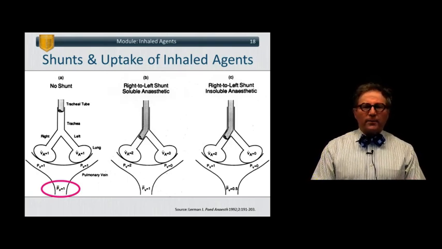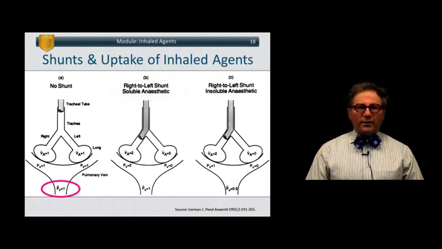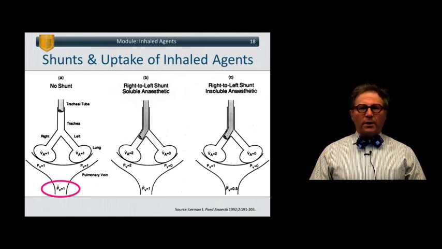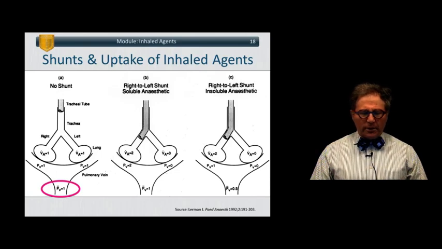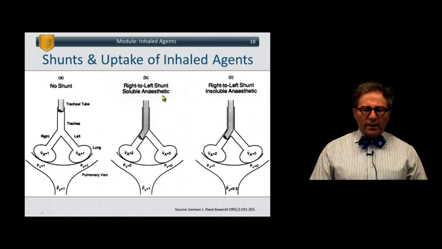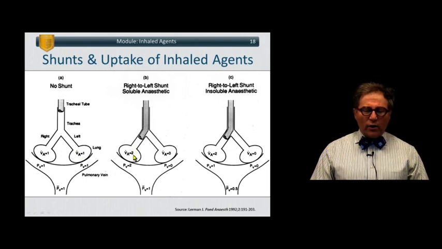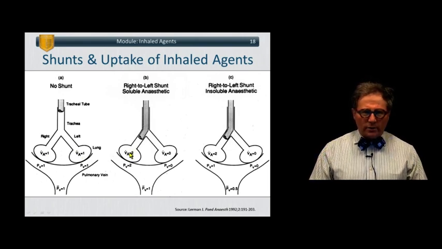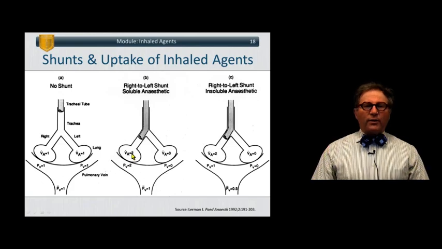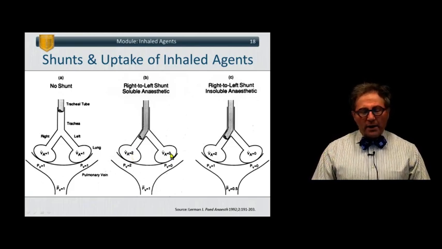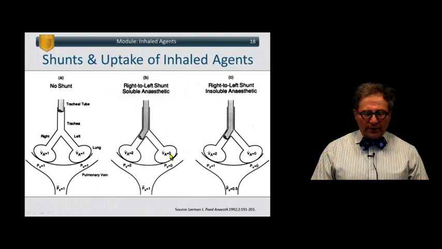Now let's look at this model of right-to-left shunts and see what the effect would be on a soluble and an insoluble agent. In the middle part, under B, we can see a right-to-left shunt, which I have created by placing the endotracheal tube in the right mainstem bronchus, and the ventilation that was 1 unit to each lung is now combined into the right lung. You can see an alveolar ventilation level of 2, none on the other side, because there's no ventilation.